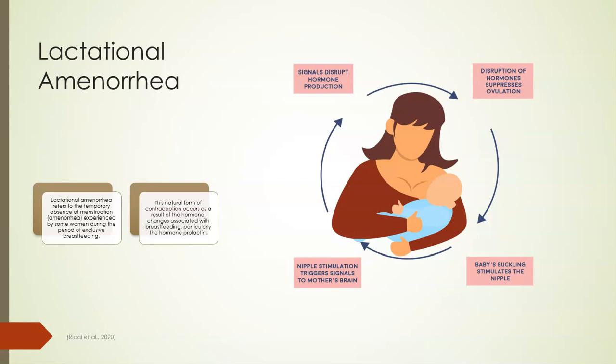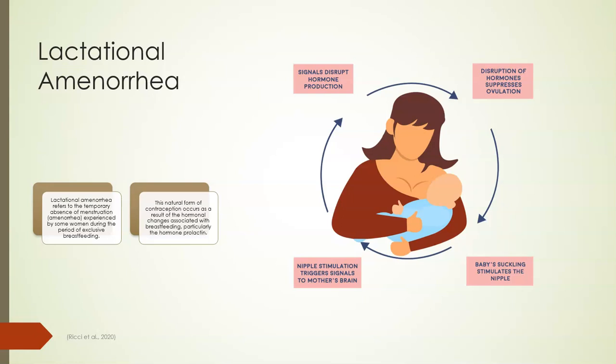When a woman breastfeeds her infant, her body produces a hormone called prolactin. The prolactin stimulates the mammary gland to produce milk, and it has an additional effect to suppress the release of other hormones such as luteinizing hormone and follicle stimulating hormone. Luteinizing hormone and follicle stimulating hormone are essential for maturation and release of the egg.